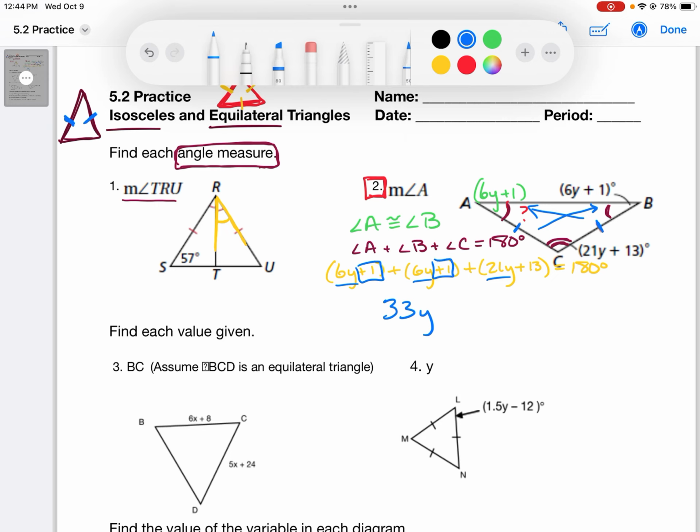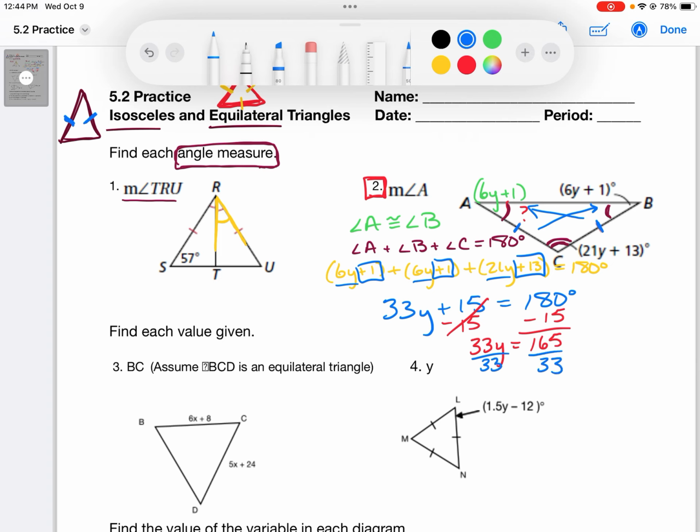And then for my whole numbers, I've got 1 plus 1 plus 13, so that's 15, and together those equal 180 degrees. Now algebraically, I can just subtract 15 from both sides, which leaves me with 165 equals 33y.